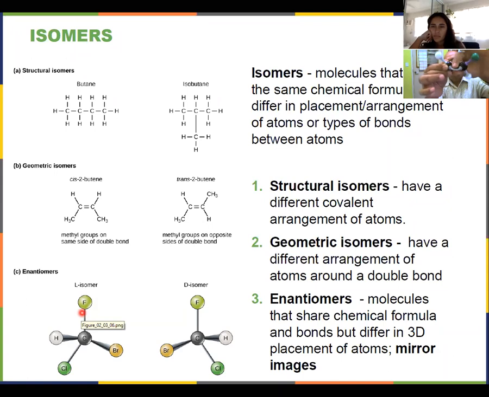Whenever there is a double bond, this molecule does not rotate. If there is a single bond, let me just show you a single bond here, these groups can rotate on their axis like this. Rotate like that, single bond. Double bond, it's fixed. So when the double bond is fixed, if you have groups that are attached on the opposite sides, this is called trans orientation.